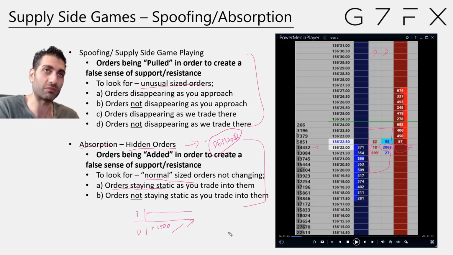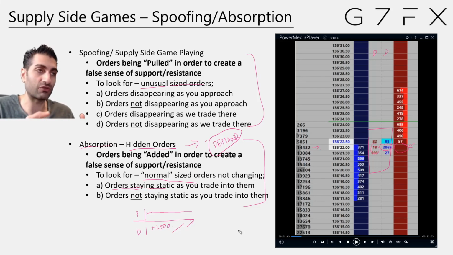I'll show you absorption, but I want to introduce it here so that, do you see, guys, the difference is, and I think this is where you can really take advantage of the experience that I've gained over the years. Typically, someone will teach you about delta and the charts, etc., but without looking at the depth of market. My point is, look, understand it on the depth of market, and when you actually come to learn about delta, you're going to be that much more knowledgeable and efficient in using it because you've seen it on a depth of market.